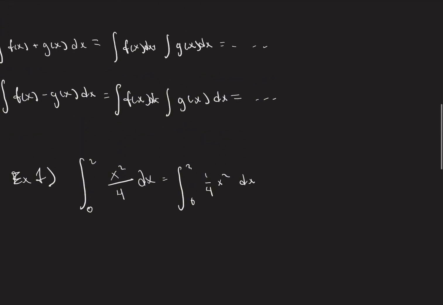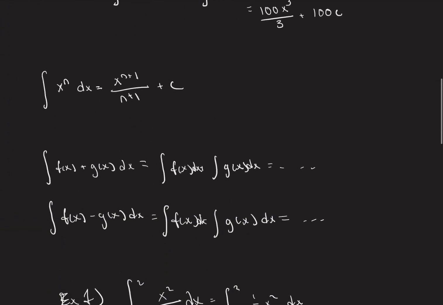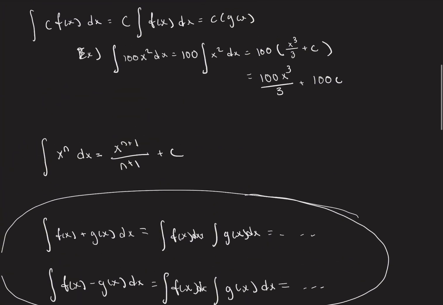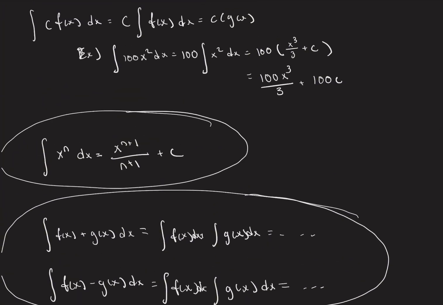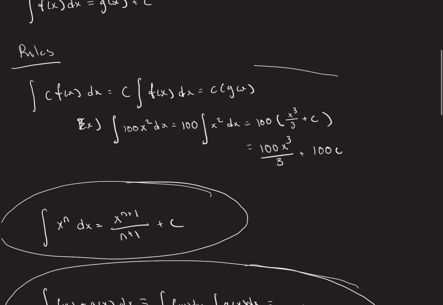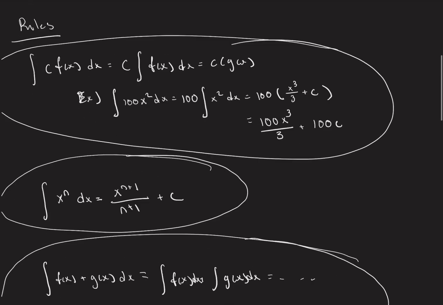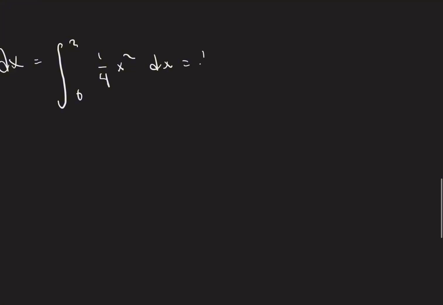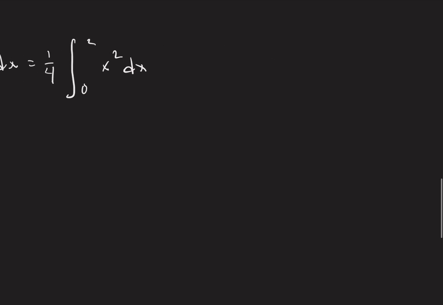And if we go back to the different rules, this is the sum/difference rule, this is the power rule, and this is the constant rule, which we need. We see that 1/4 is the constant. Therefore, we move 1/4 out of the integral. So we have the integral from 0 to 2 of x squared dx, and we just solve the integral as is.